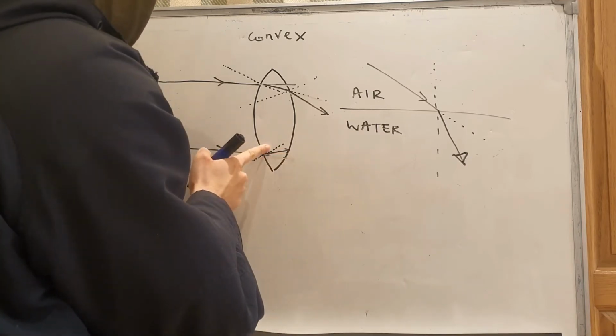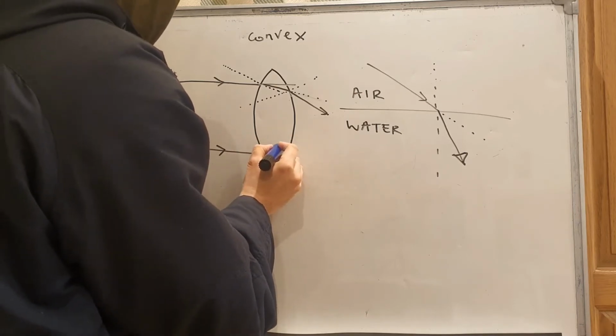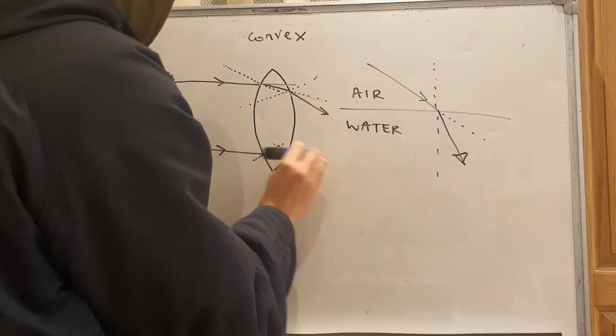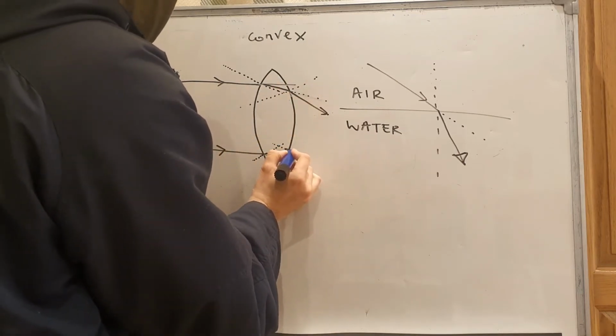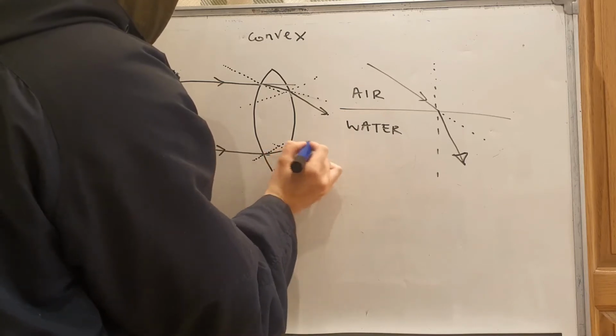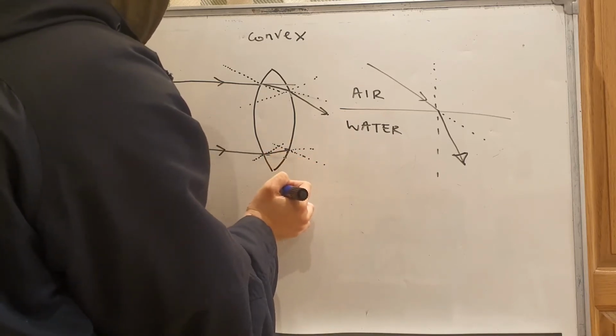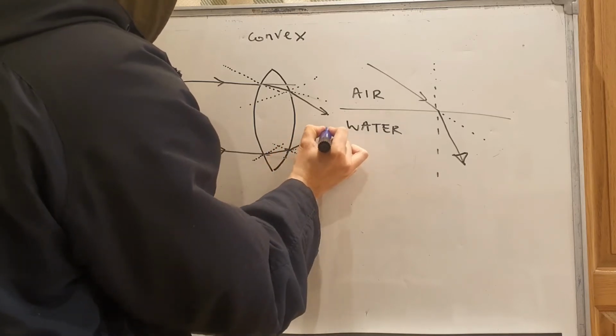So if this was going towards the normal, this is going away from the normal. Now the normal would look something like this. So it's at right angles to the surface. So that is the normal. Normally it would pass straight through, but it's going away from the normal because less dense, and so it will be going in this way.